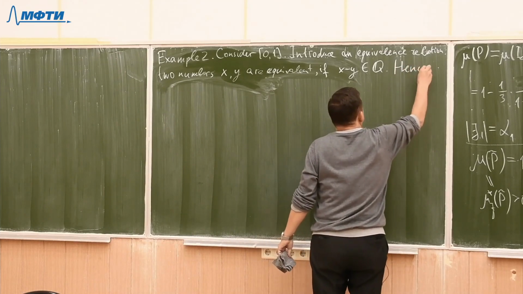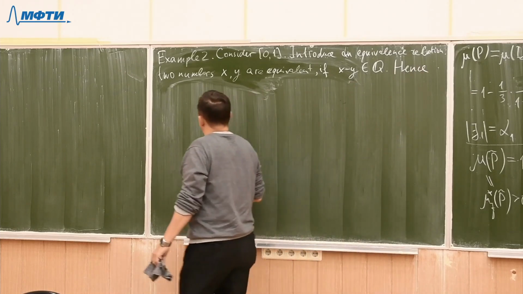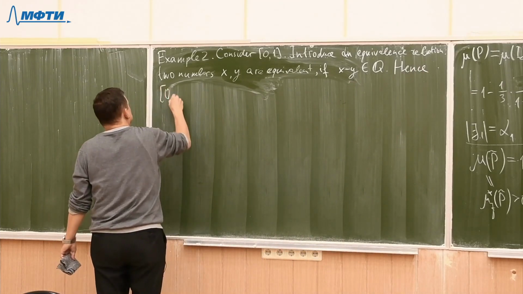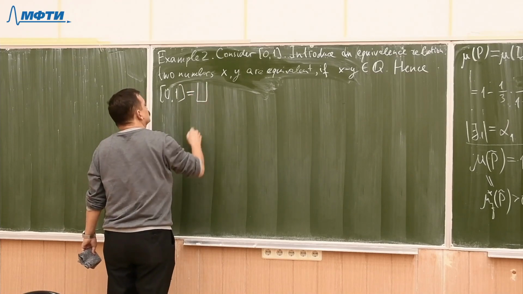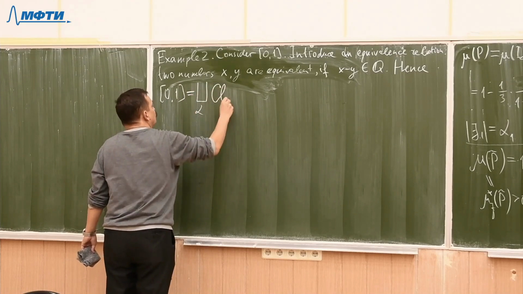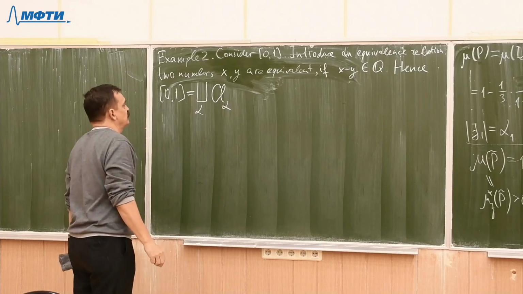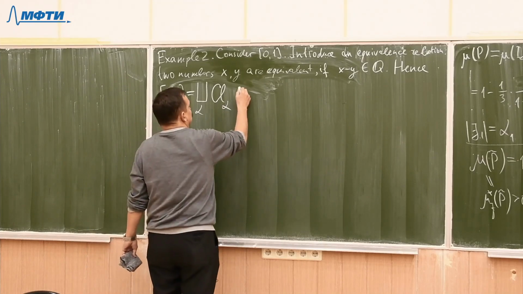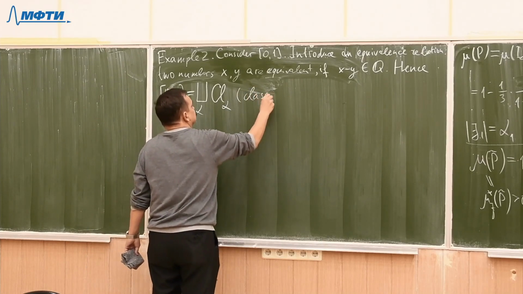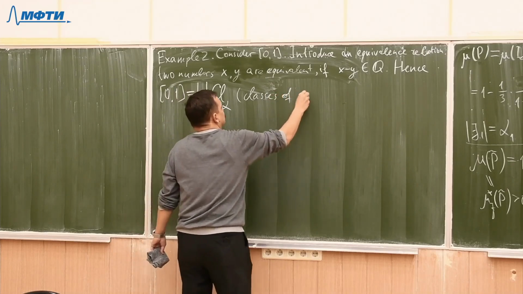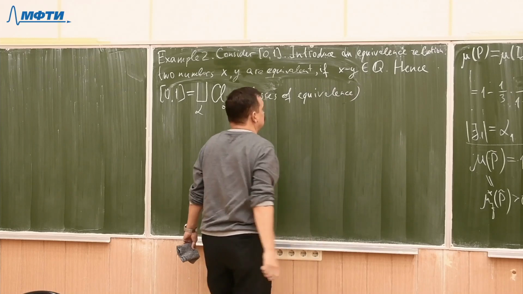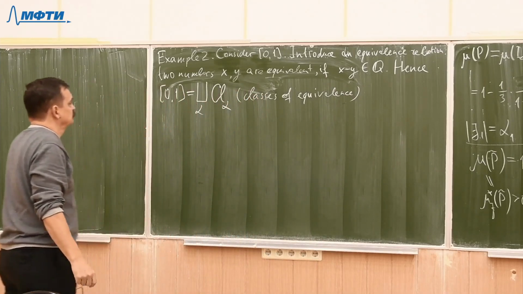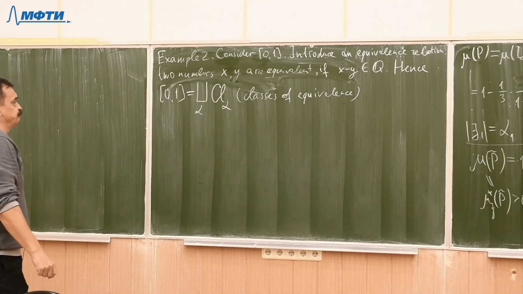Hence, [0, 1] can be represented as the union of classes of equivalence.